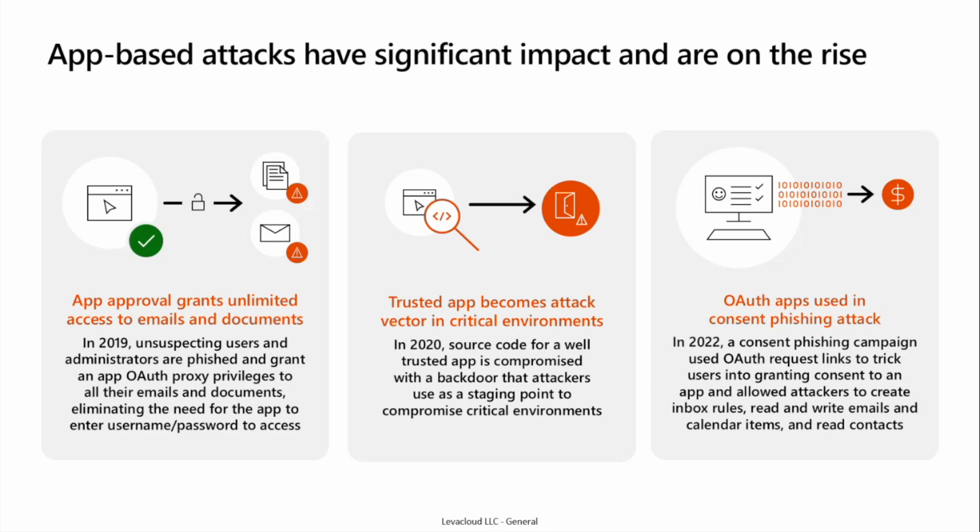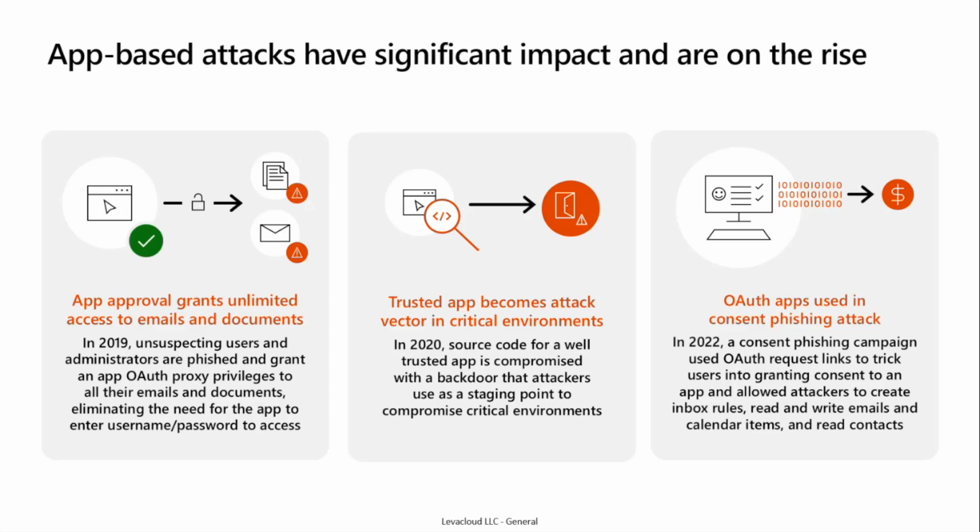And talking about that kind of thing, a little bit of a timeline here. So going back a few years now, think about this: 2019. Some user's error led to a compromised app identity getting broad, inappropriate access to the environment. And then come along 2020, the bad actors start targeting trusted, overprivileged applications. And they actually say about 25% of the apps that are consumed by S&P 500 companies are way overprivileged.